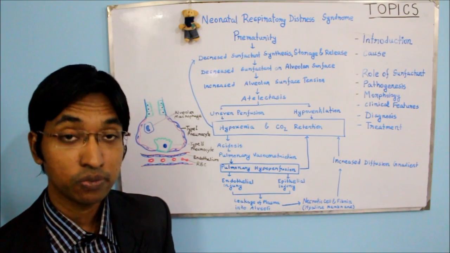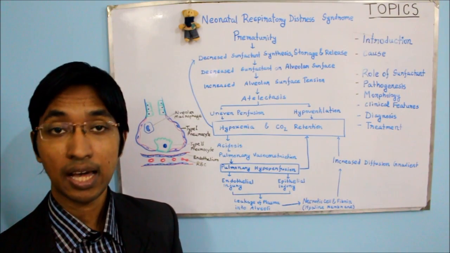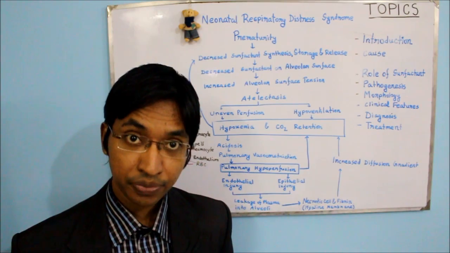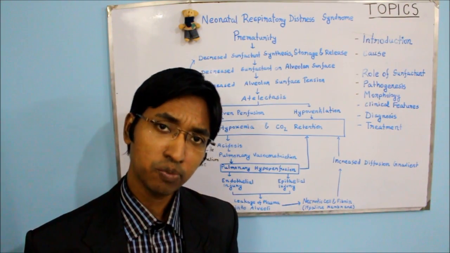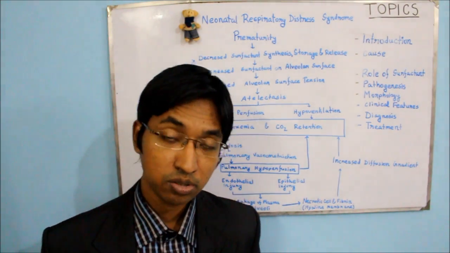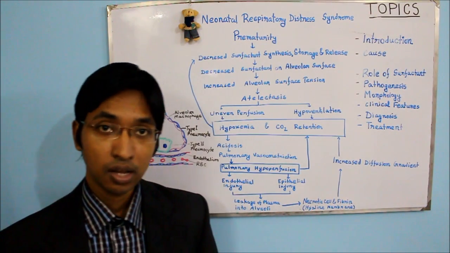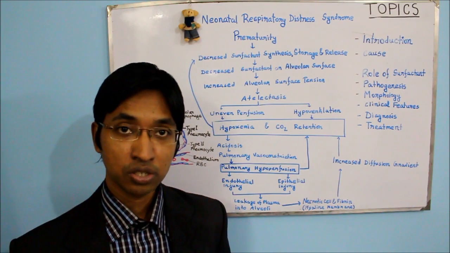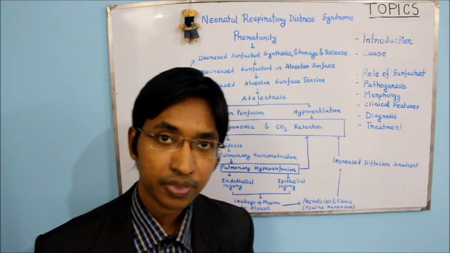The examiners are very fond of asking you the composition of this eosinophilic hyaline membrane, and your answer will be fibrin and necrotic cell debris. And one thing you have to remember, the majority of the necrotic cell debris is derived from type 2 pneumocytes. And also we will see neutrophilic infiltration associated with this hyaline membrane.